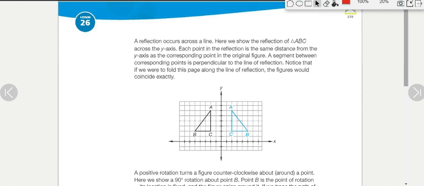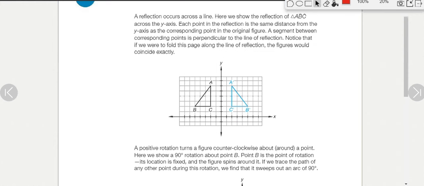Let's dig into each one a little bit more. Here we have the reflection. It gets flipped across a line, maybe the y-axis here, right? So it goes from here to here, and when it flips, that means instead of the point C being on the right side, now point C is on the left side.